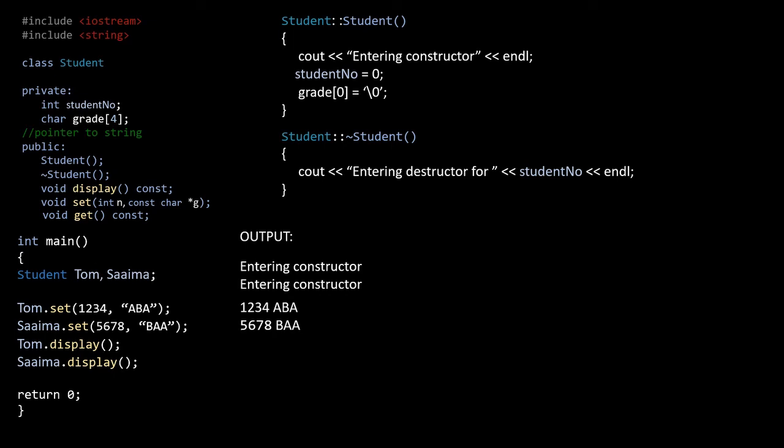But then look at the order in which the destructor is called. It's actually calling Sima's object first, and then Tom's object next. So as we stated previously, the destructor works in the opposite order of creation.